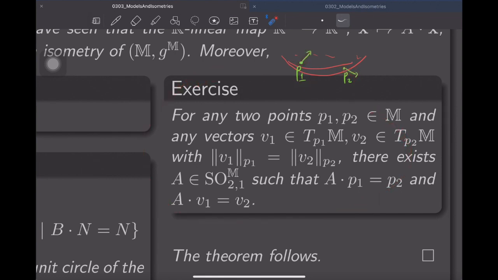We already know that if I don't care about tangent vectors here, the action of this group on M is transitive. So I already know that there is at least something that sends this point to this point. Now that one sends this vector to some vector that may fail to be V2, but has the same length as the original one, hence the same length as V2.